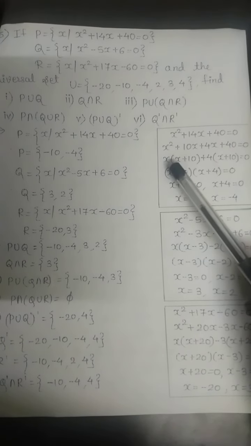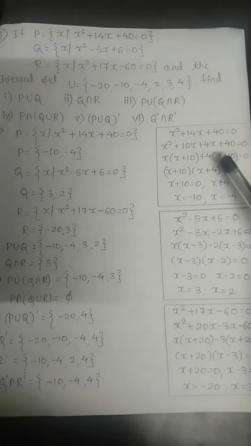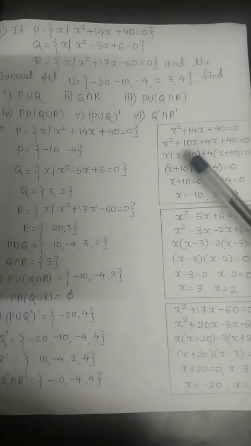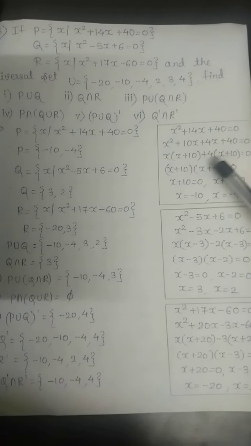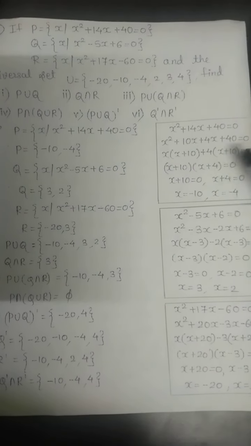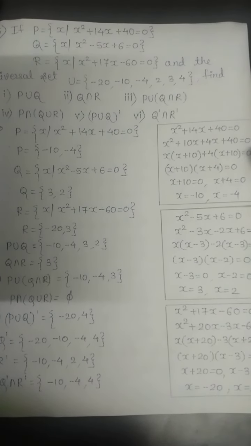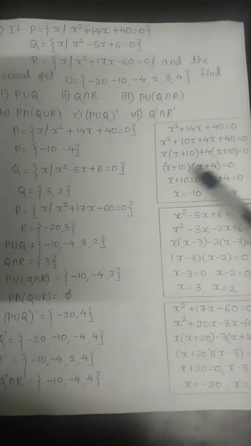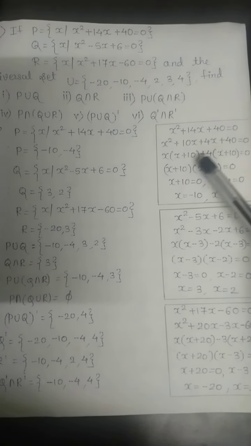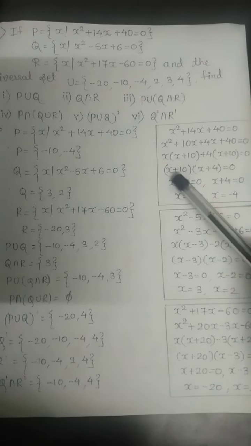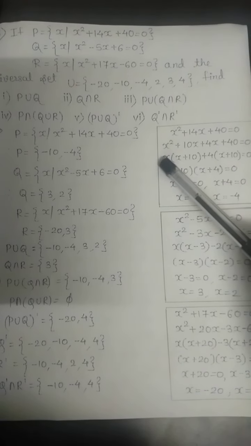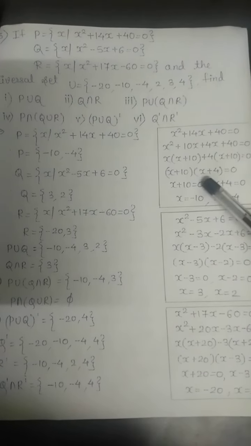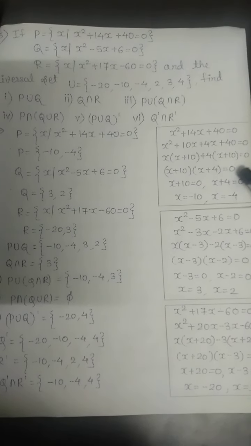Now we make groups of the first two terms and the next two terms. From the first two terms taking x common, in the bracket we get x plus 10, and from the next two terms taking 4 common, in the bracket we get x plus 10, is equal to 0. Since the bracket terms are the same, we write them in one bracket, x plus 10, and in another bracket the remaining terms, x plus 4, equal to 0.